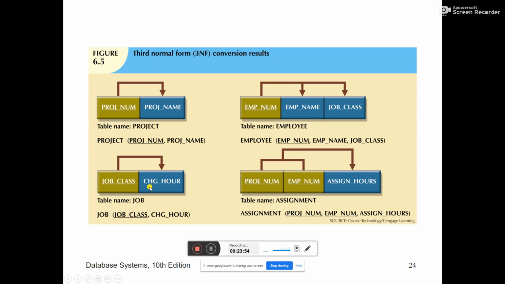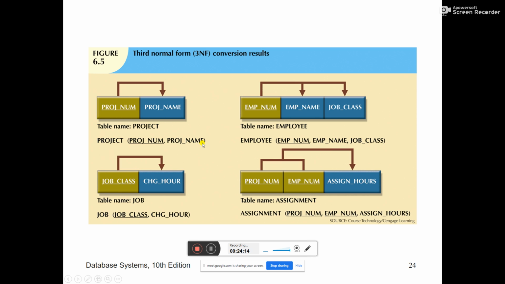So we change this attribute name from charges per hour to job charges per hour. Similarly, job class is not a very good description of what it is, so we change it from job class to job description.